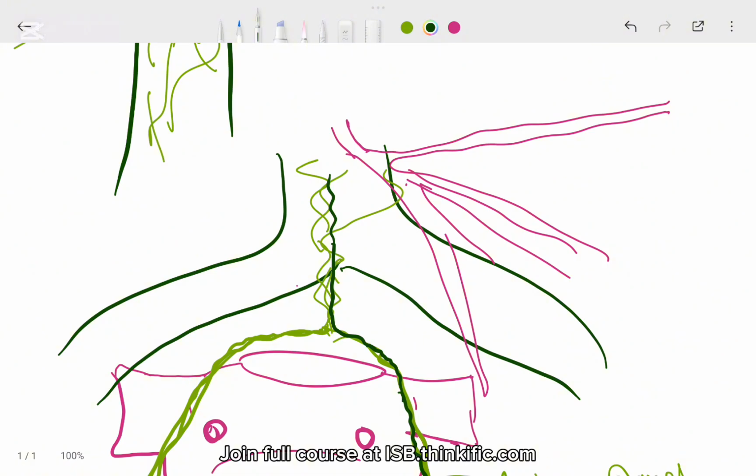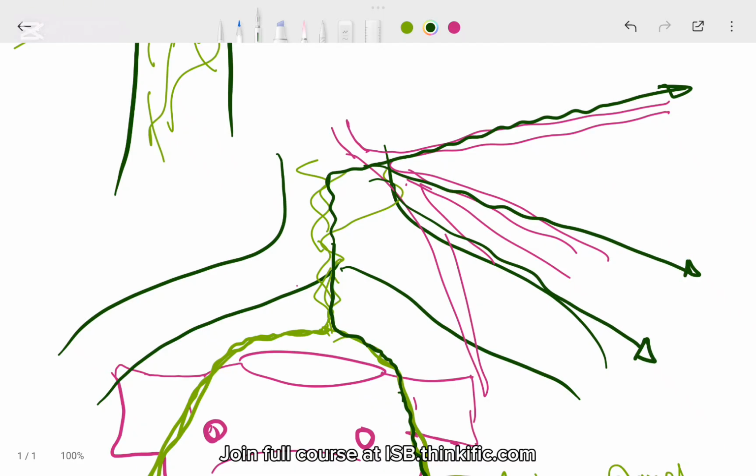These sneaky parasympathetic fibers move along the branches of the inferior mesenteric artery in order to supply the hindgut structures, right? The hindgut, meaning distal to the proximal two-thirds of the transverse colon, meaning the distal one-third of the transverse colon, descending colon, sigmoid, and rectum, are supplied by pelvic splanchnic nerves.